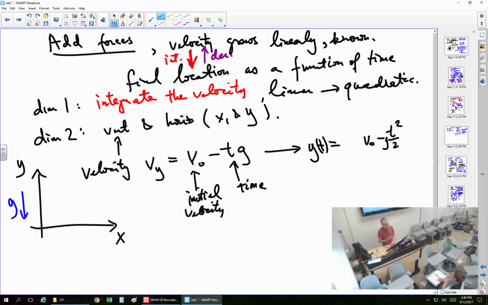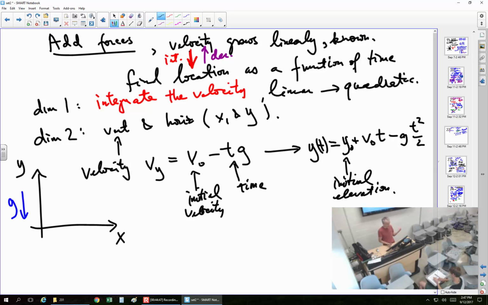When you integrate, this is just a one-dimensional thing, so there's nothing tricky going on. So v naught, integrate v naught, what do I get? I get v naught t. I integrate t, g is just a constant, so I have g t squared over 2. And in the beginning, I add y naught, the initial position, the initial height, or initial elevation.